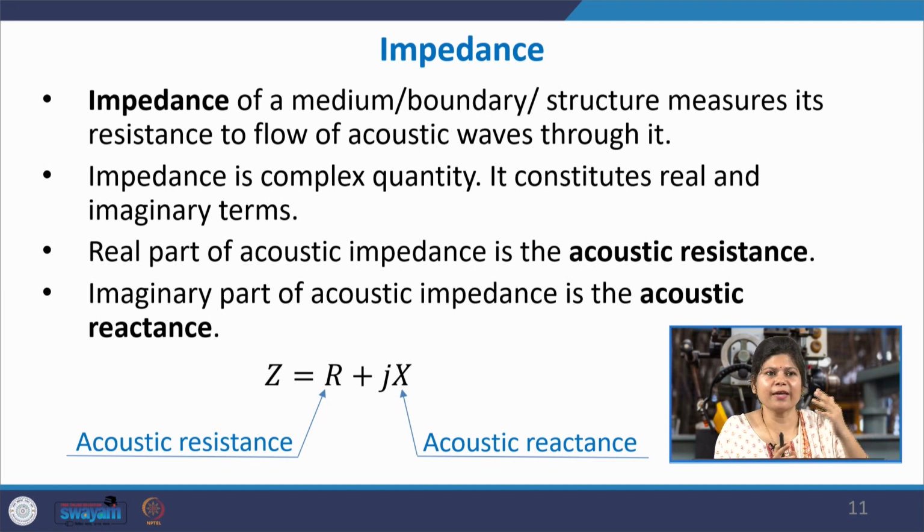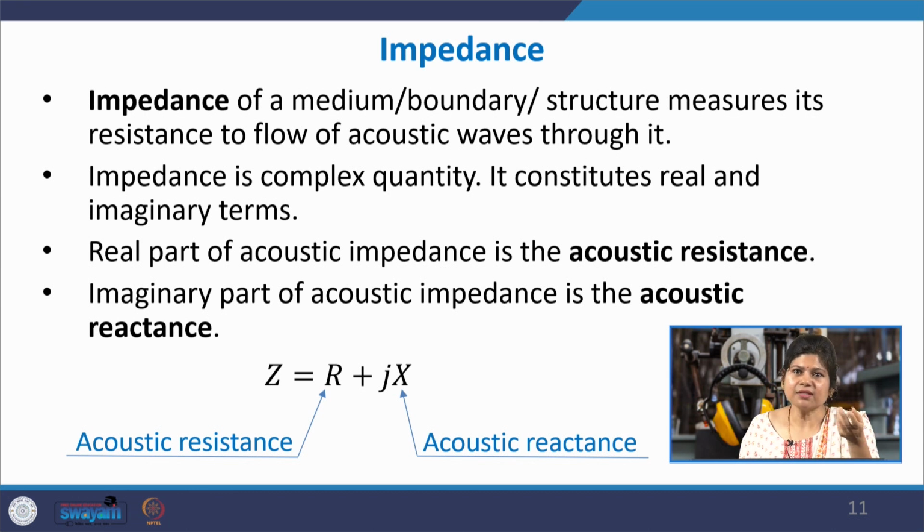Because acoustics is newer than the field of electricity, most of the times we derive various analogies from electricity and put them in acoustics. In electricity, the resistance of any element is the resistance to the flow of current through that element.